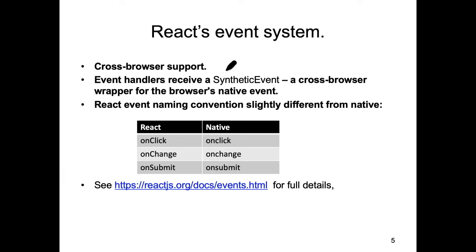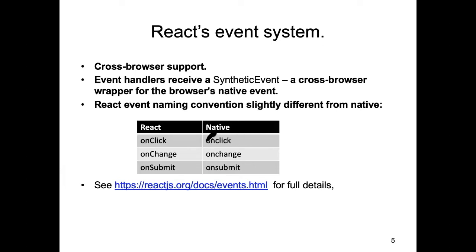We don't need to delve into it in any detail, other than just to say that React is cross-browser compliant. The other thing I'm highlighting in this slide is that the names of the various native events in browsers have been slightly changed when you use them in the context of React.